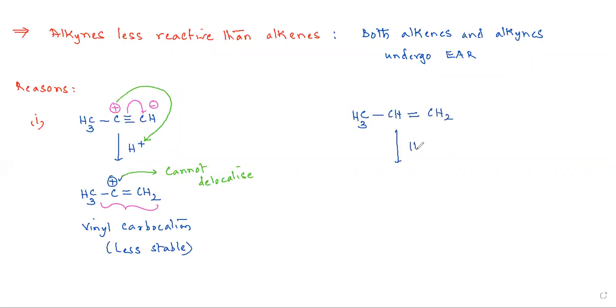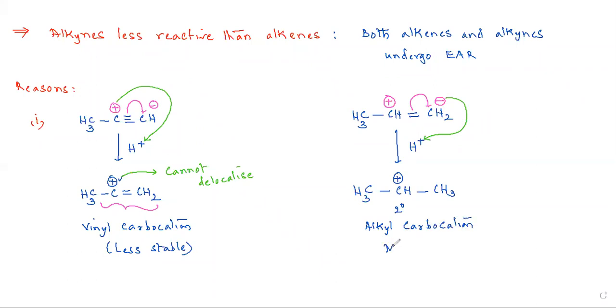Now, let us add the same H plus. Now the carbocation formed is a 2-degree carbocation, in fact an alkyl carbocation, which is anyway more stable when compared to the vinyl carbocation, right?